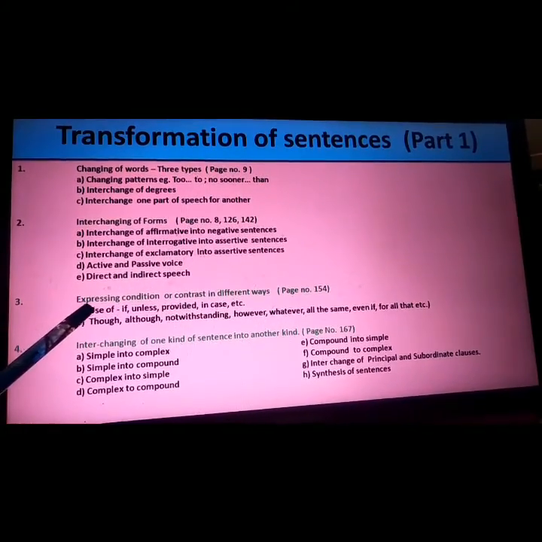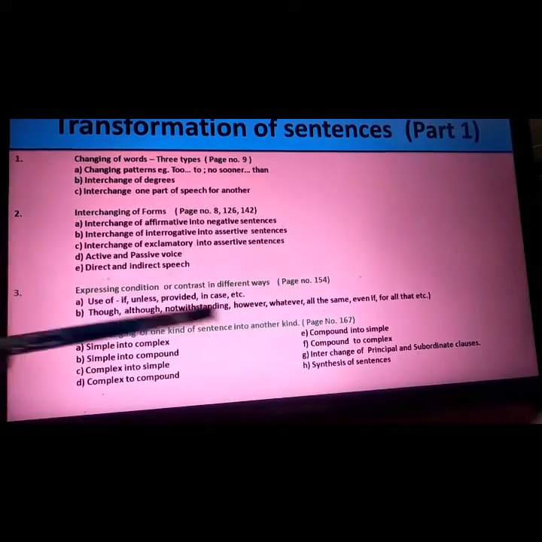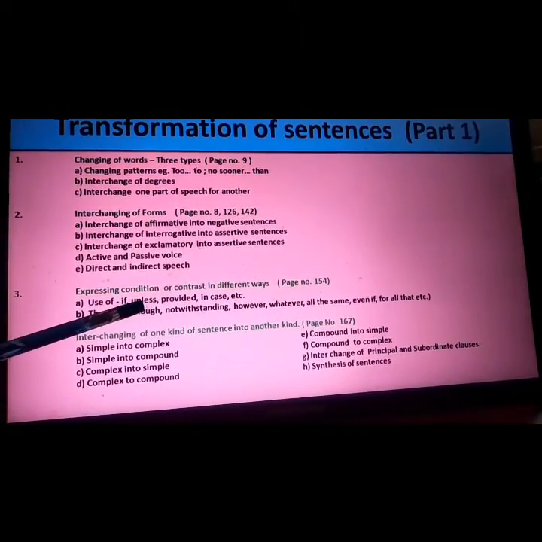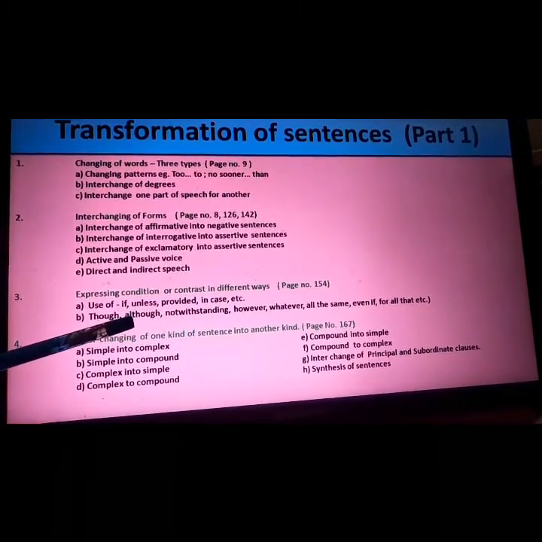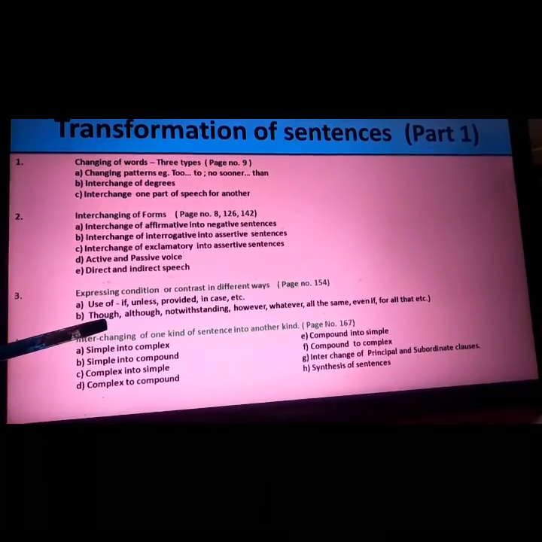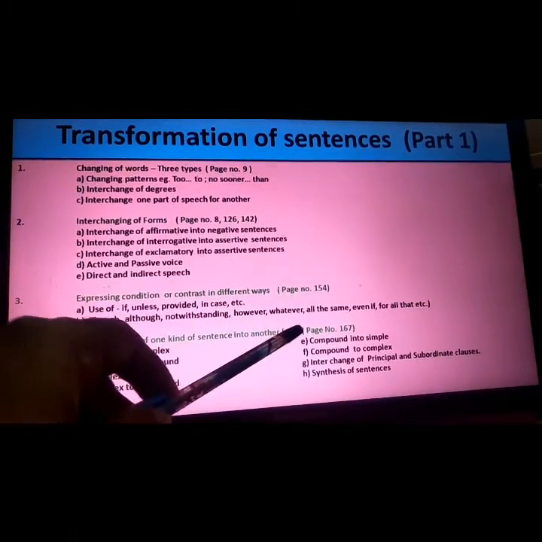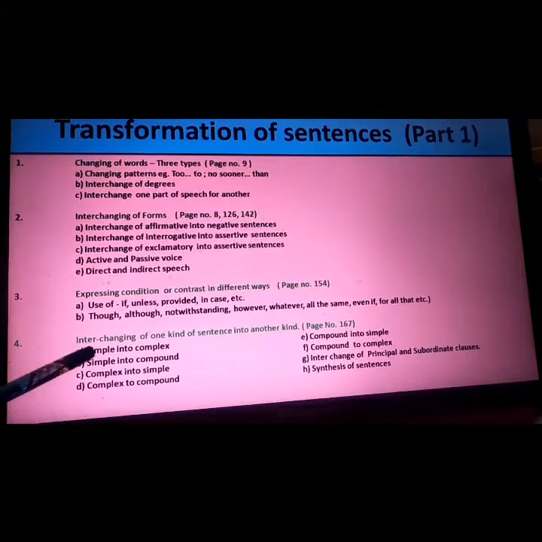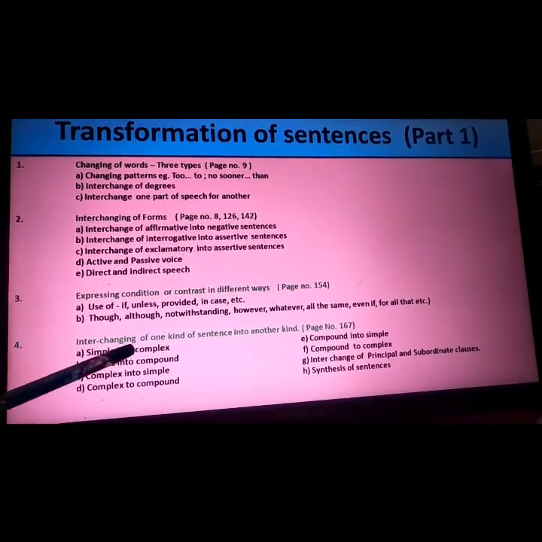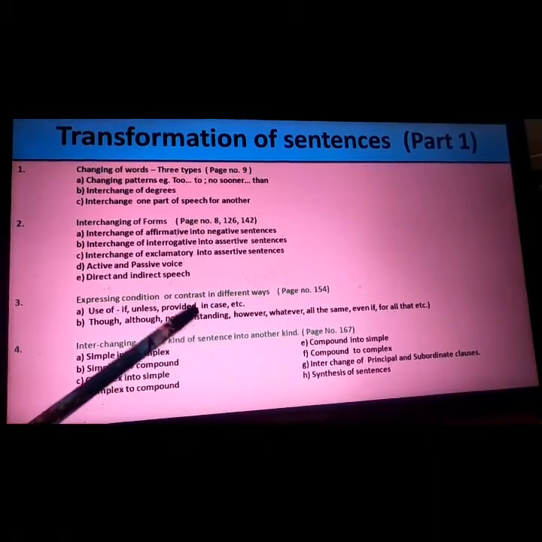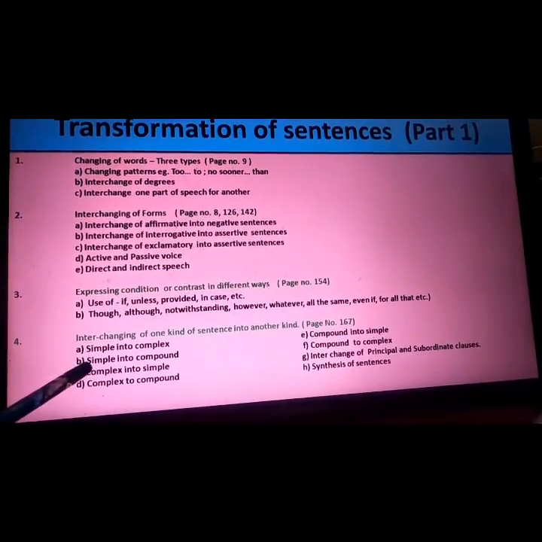Then we have expressing condition or contrast in different ways in page number 154. Use of if, unless, provided, in case, and so on. Use of a contrast like though, although, notwithstanding, however, whatever, all the same, even if, for all that, and so on. Interchange of one kind of sentence into another kind in page number 167.